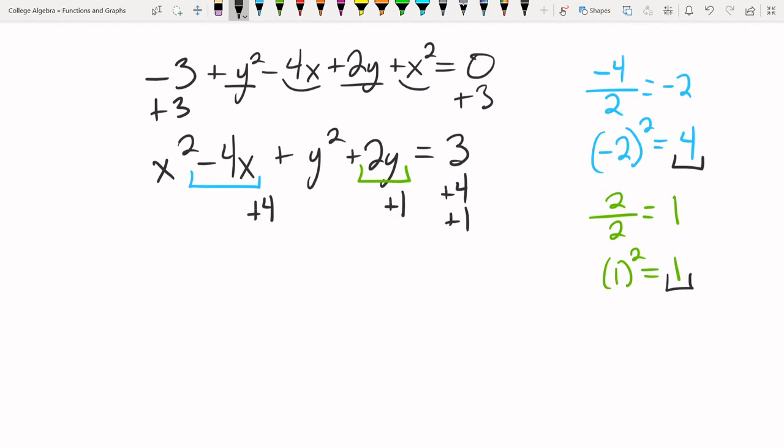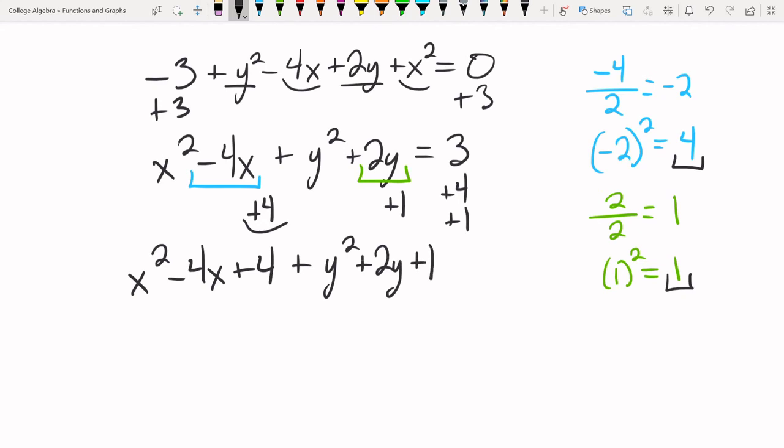Now my equation looks like x squared minus 4x plus 4 plus y squared plus 2y plus 1. 3 plus 4 plus 1 is 8.